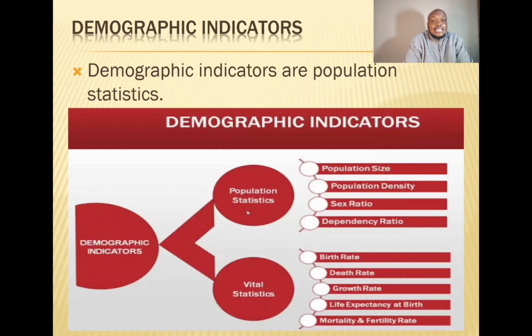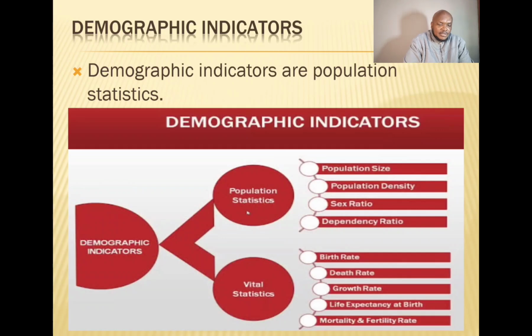They are population statistics. For example, population statistics look at the population size, the population density, the sex ratio, and the dependency ratio.